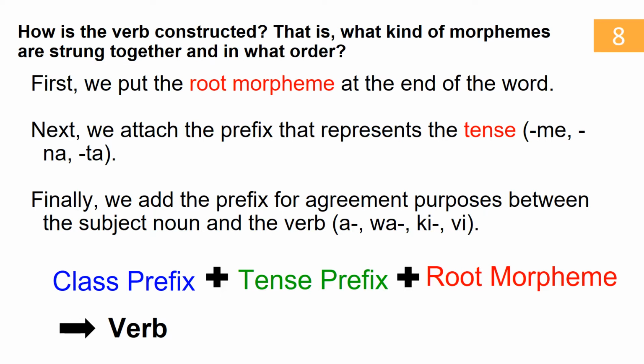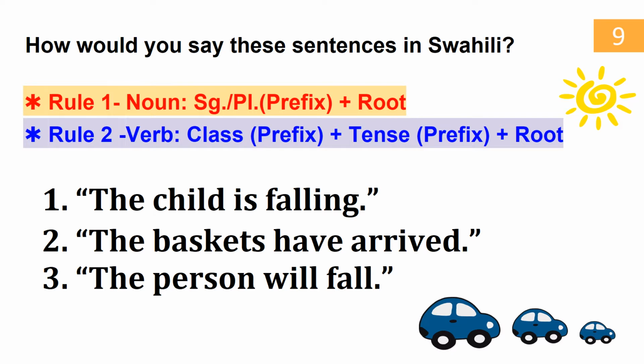So, to construct a verb in Swahili, we must first attach the prefix that represents the tense to the root morpheme, then add the prefix for agreement purposes between the subject noun and the verb. As for nouns, they are constructed by attaching the prefix for singular and plural nouns to a root morpheme.